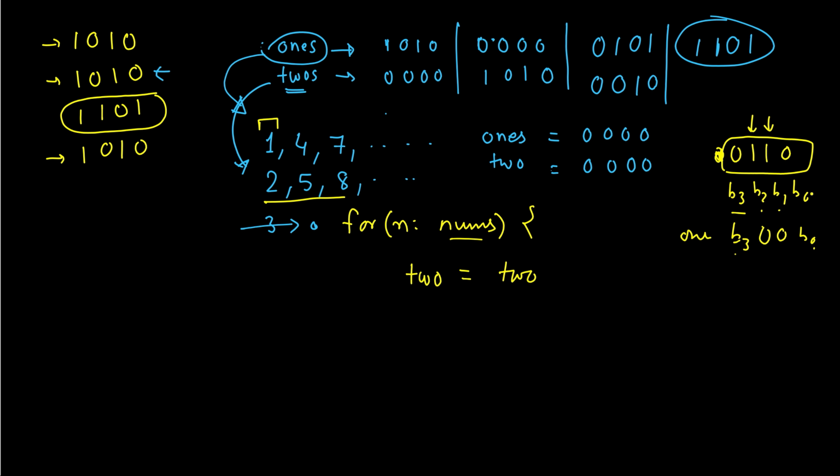If B0 is also set in this new number n, then its count will be 2, because it had occurred once and it's also set here. So it should be included in the value of twos. So we will take twos OR (ones AND n). n is the new number.